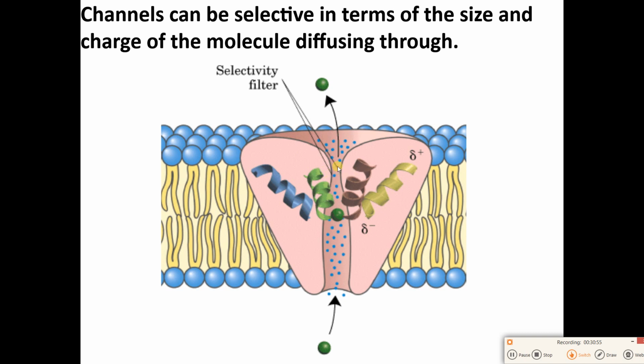We can also adjust the charge in here. Maybe we can only allow positive ions through, maybe only allow negative ions through, maybe only allow monovalent ions with a single charge, versus divalent ions with two charges to them. But we can be selective. And selectivity is important, of course, for homeostasis.